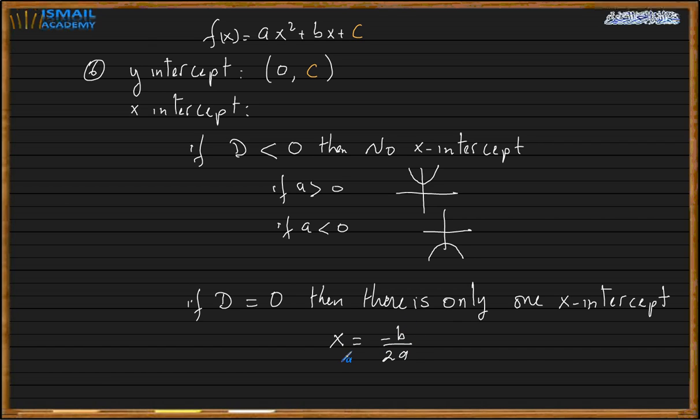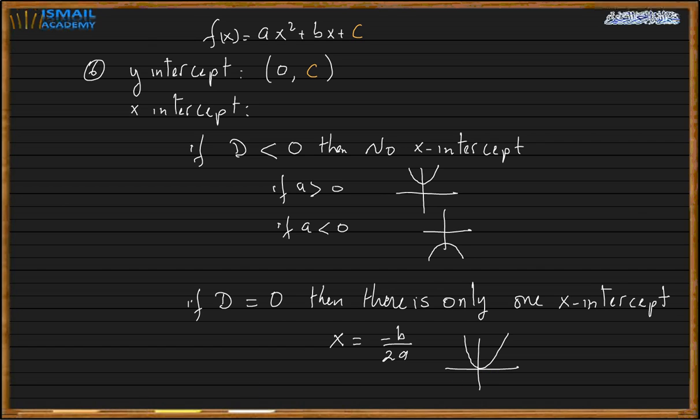Again we follow the same concept of a being positive or negative for above or below. Here the graph will look like this: if this is my x and my y, it's going to touch the x-axis at one single point.